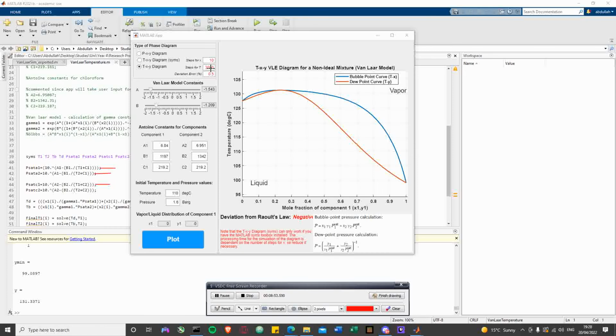Whatever is closest to 0 means that pressure matches the pressure of the system, which means the bubble point pressure is at that temperature. And it does that for each of the x1 steps as well.